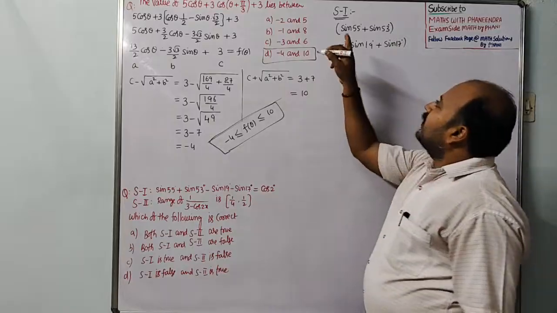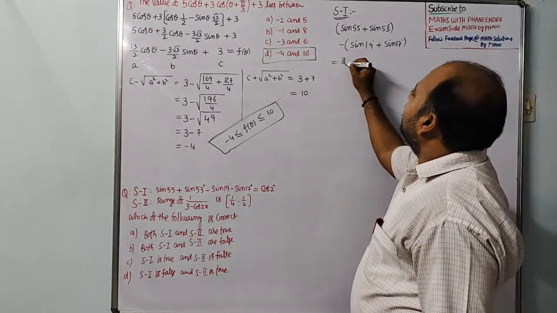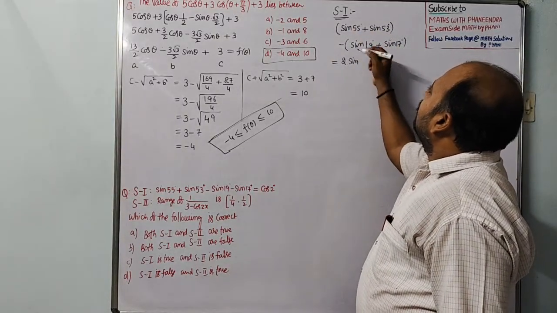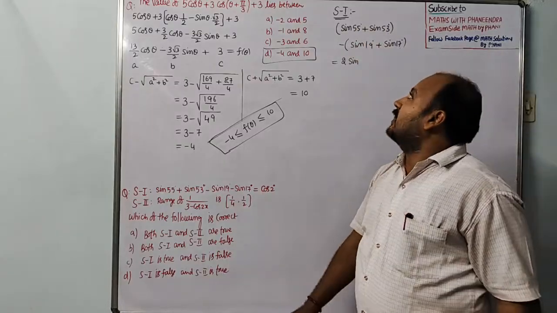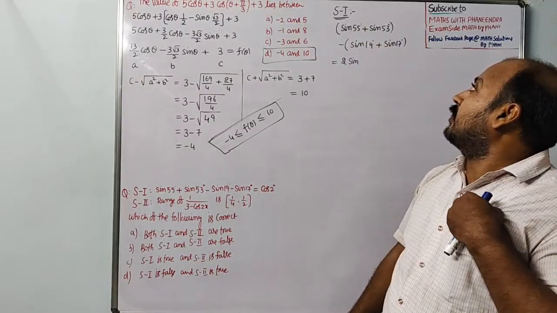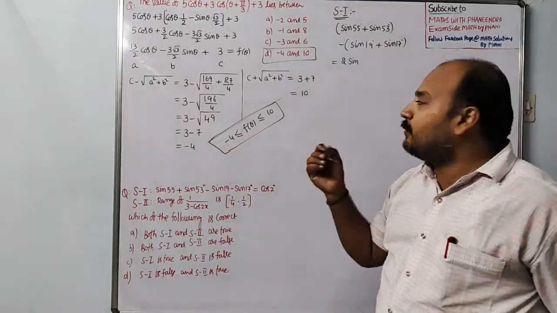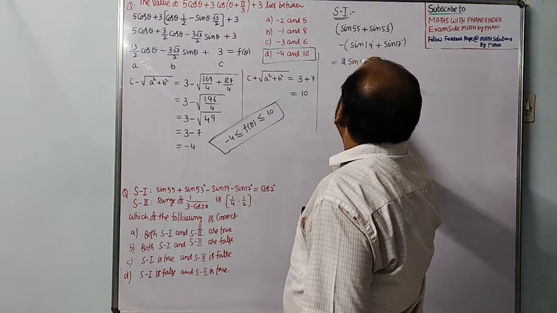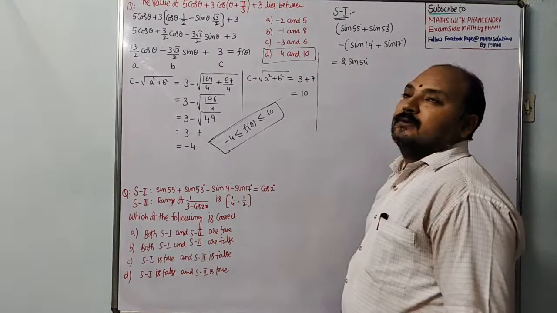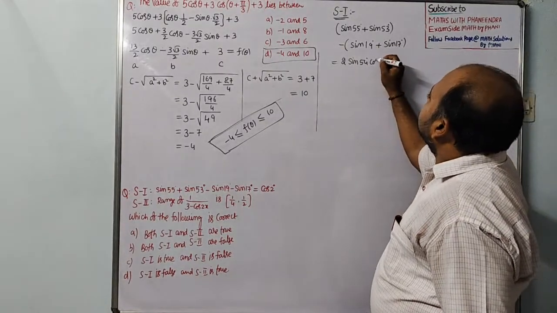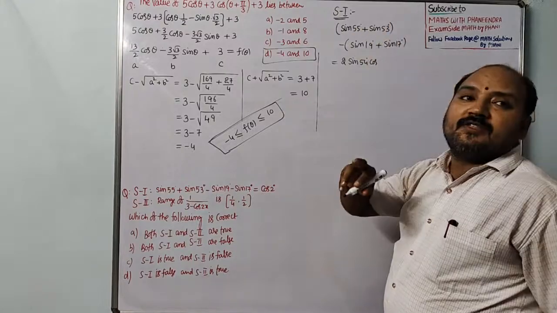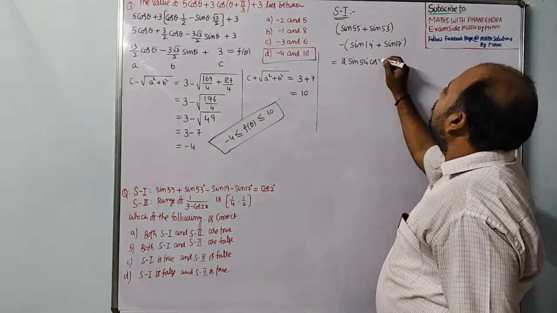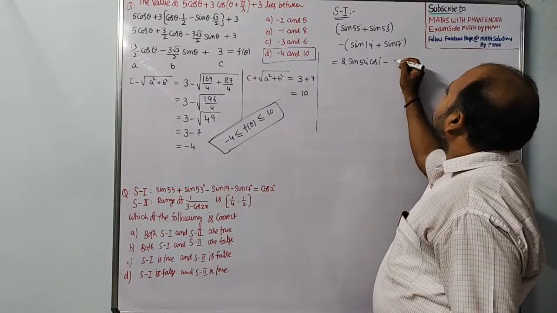We need to simplify sine C plus sine D: 2 sine C plus D by 2. 55 plus 53, 80, sorry, 108. 108 by 2 means sine 54 only, no? So sine 54 degrees. Next, cos of 55 minus 53, 2 degrees. 2 degrees by 2 means 1 degree only, no? Minus.